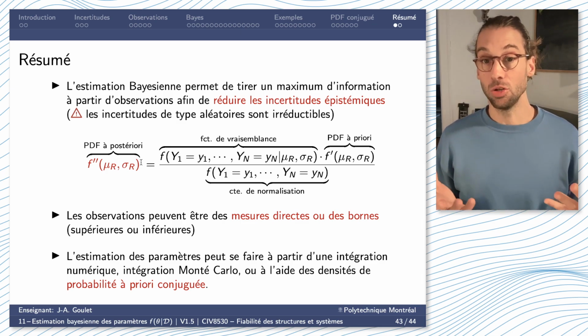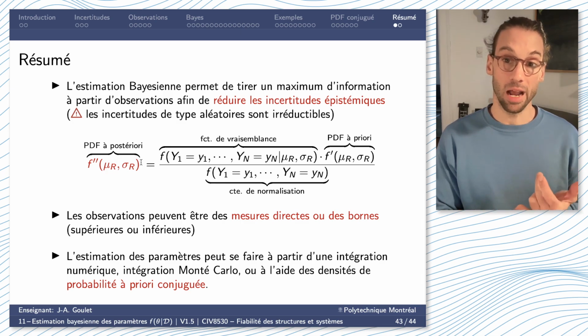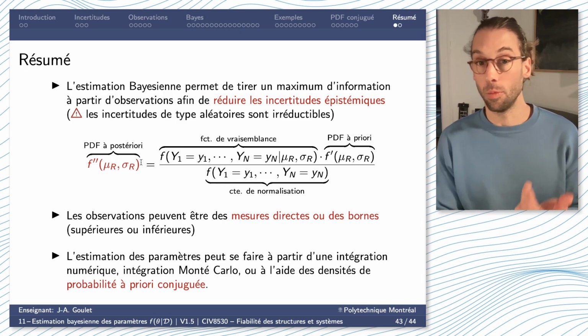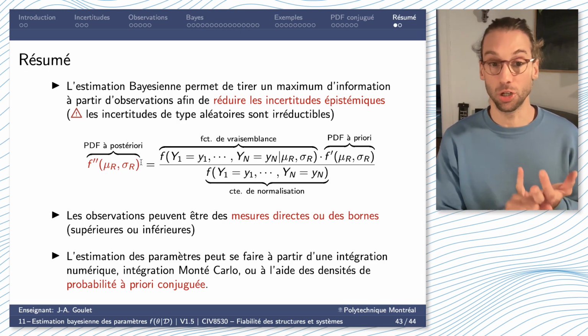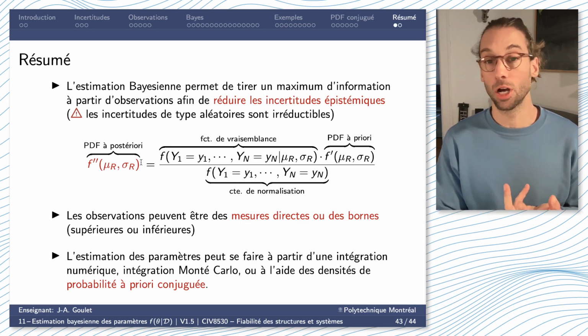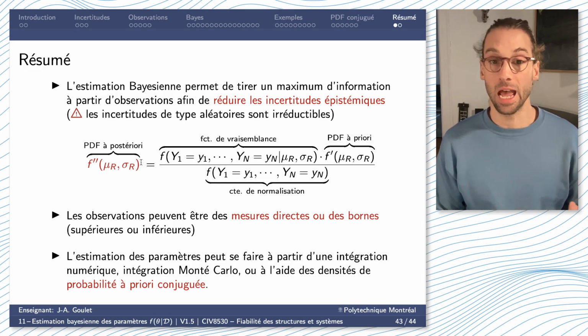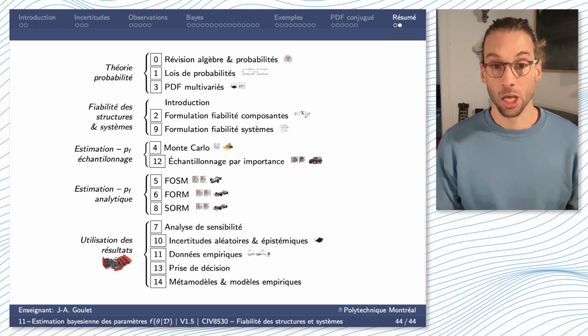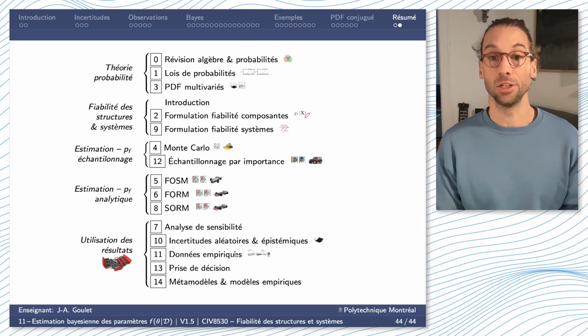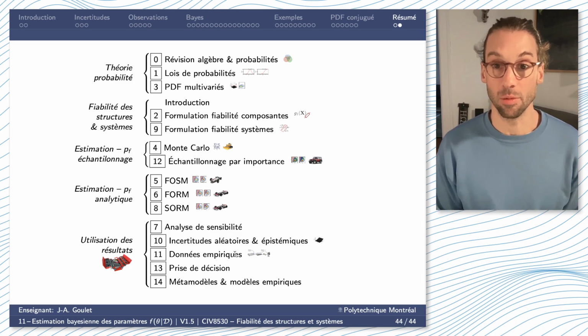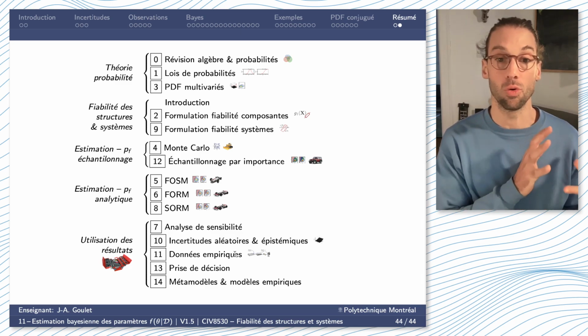The observations I can use to do so can be either direct or lower or upper bound observations. And in practice, I can use either Monte Carlo sampling or conjugate priors to perform that Bayesian estimation. So that concludes what we wanted to see on how we can use empirical data to update our knowledge for the prior distribution of the random variables involved either in the resistance or solicitation.